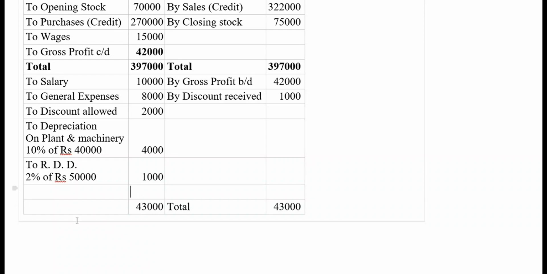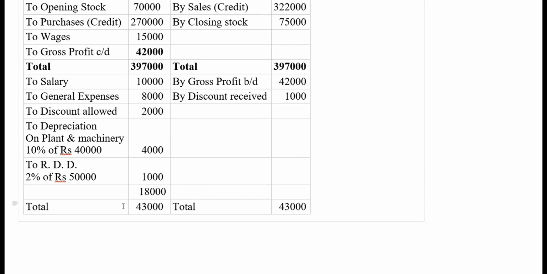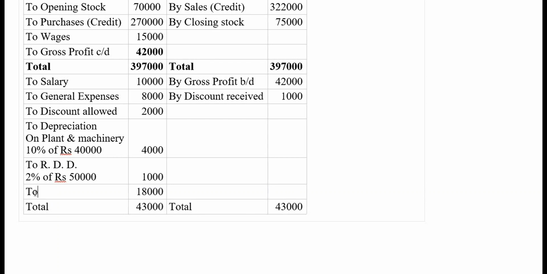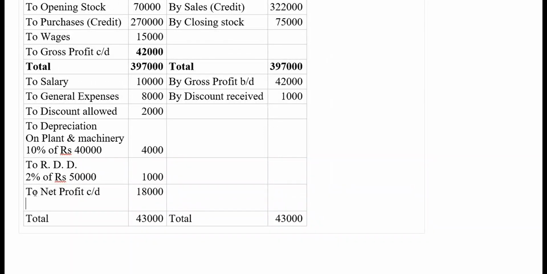Then the difference here is, when you deduct 25,000 from 43,000, you will get 18,000. This is net profit. So to net profit carried down, which you transfer to the balance sheet.